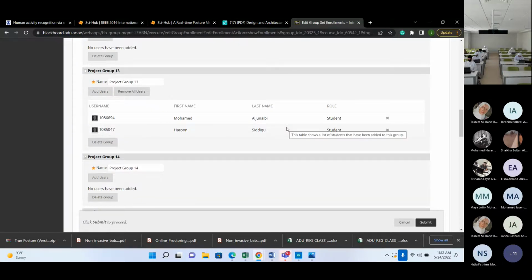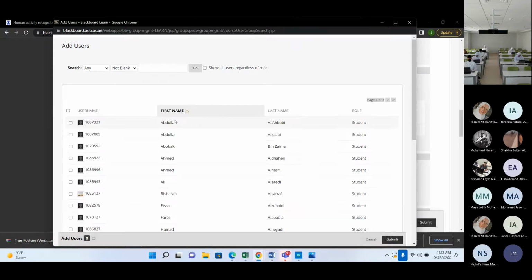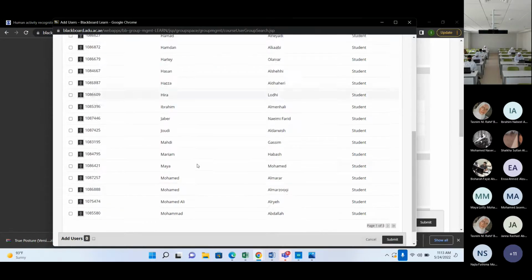You here, guys? What's your major? Computer. Do you have a group? Who are your group members? Do you know their names? Give me their names. Talal? Okay, so we have Talal.